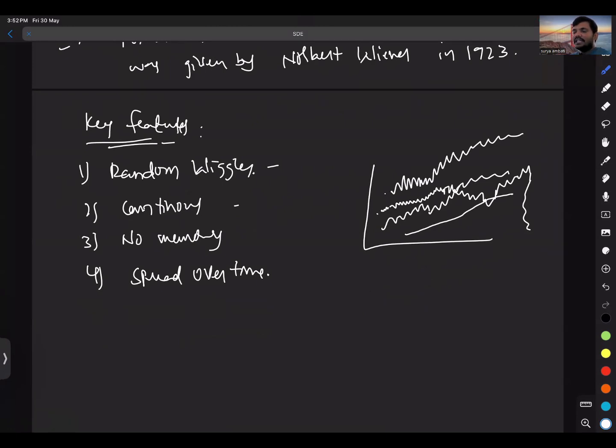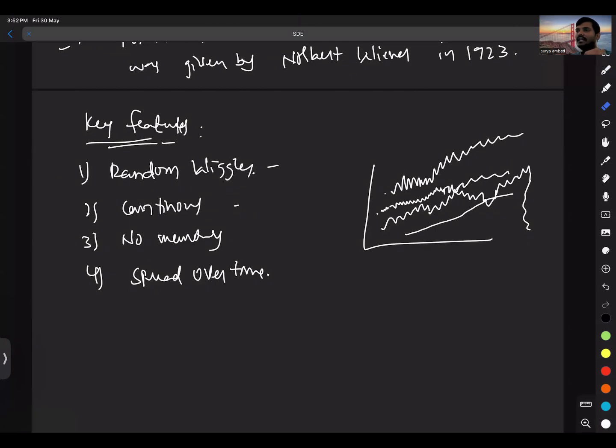So let me explain where these features come into the properties of Brownian motion, and I'll also explain with a numerical example so that you can understand it better. First, Brownian motion tries to model continuous-time randomness. Even though I'm saying it is a random walk, it is in continuous time.